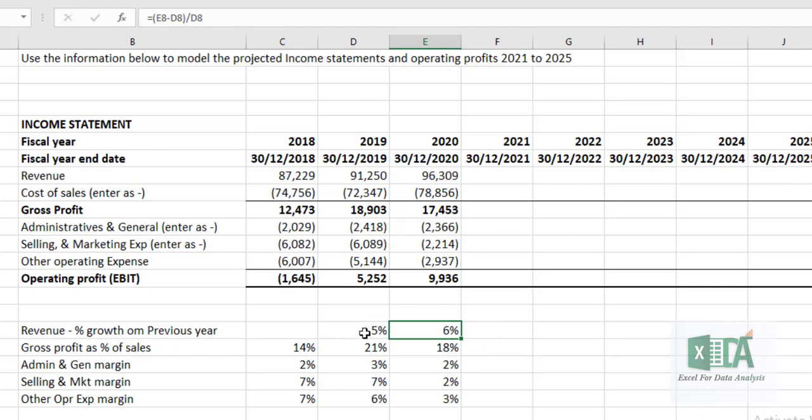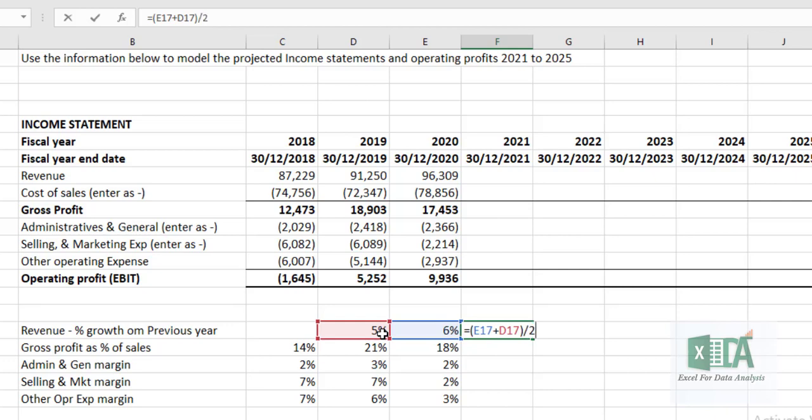In 2019 we have 5%, then we have 6%. What should be our projected sales for 2021? There are various ways that we can arrive at this, but for the purpose of this class, we're going to use average. So equals to, open the bracket, this plus this, bracket divided by 2.